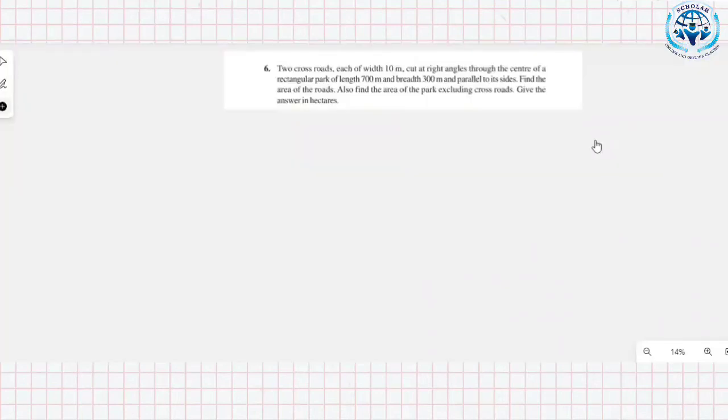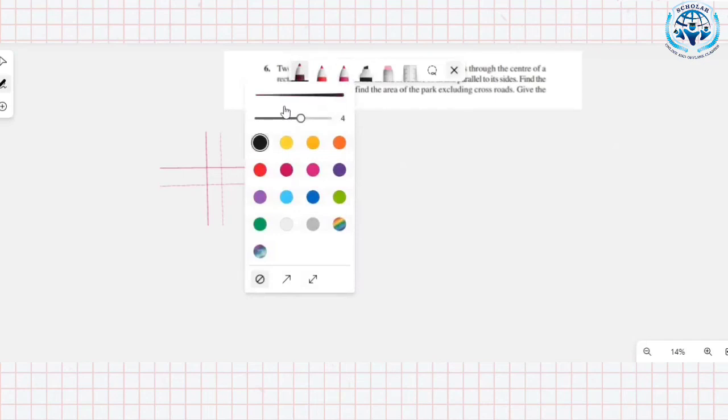Question number 6. Two crossroads, each of width 10 meter, cut at right angles through the center of a rectangular park of length 700 meter and breadth 300 meter. First of all, draw. We have to find out the area of the roads.